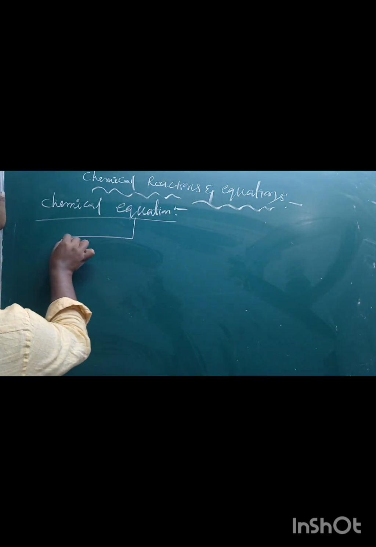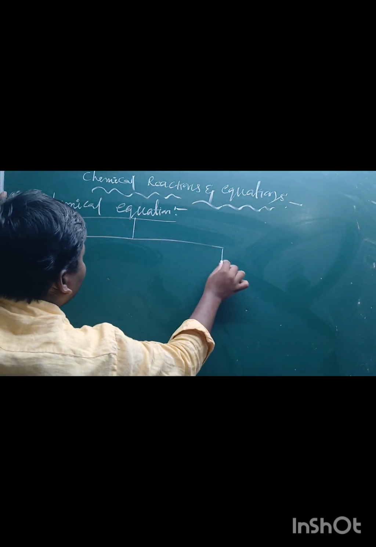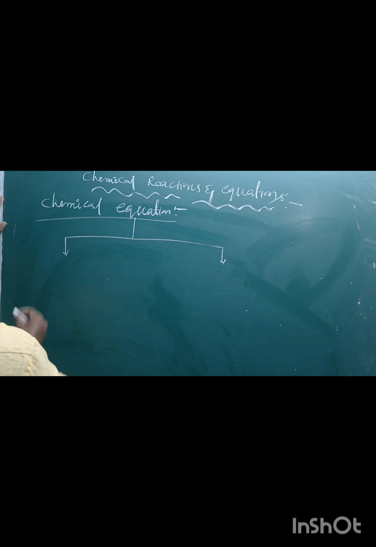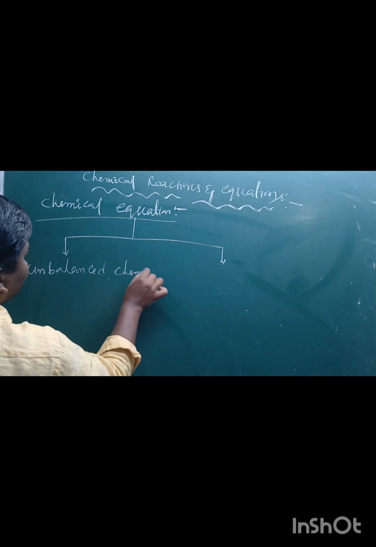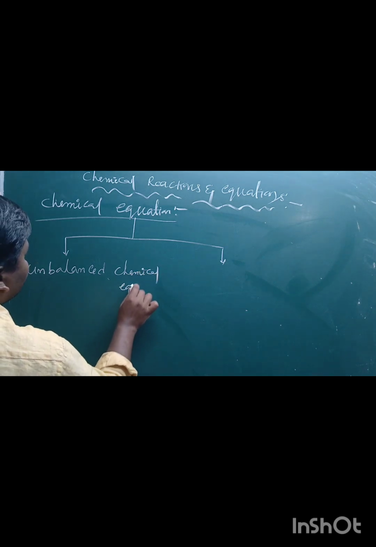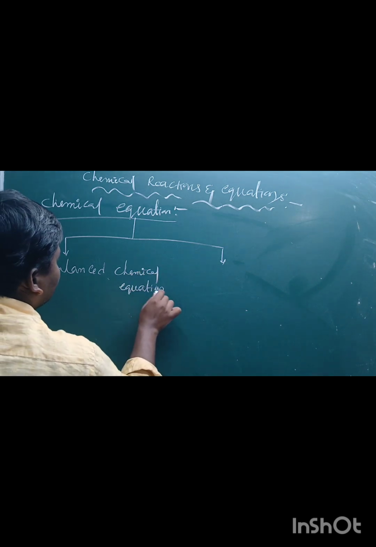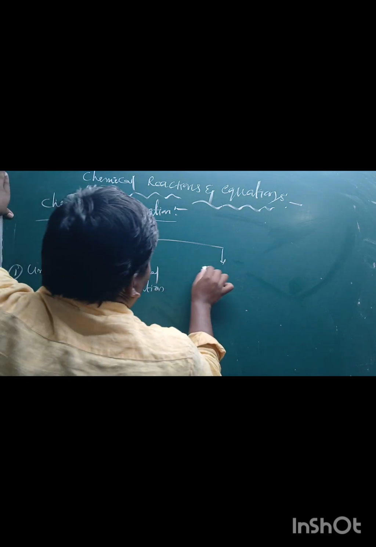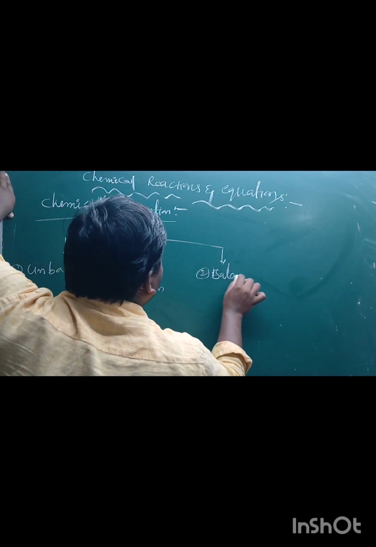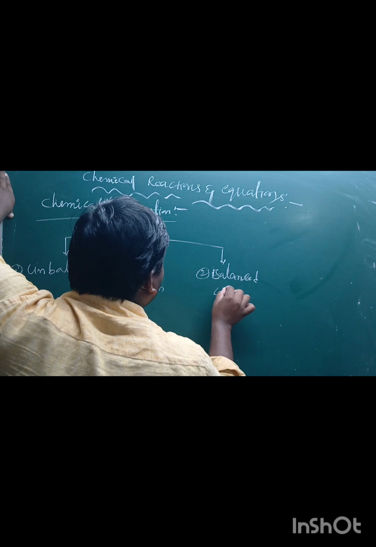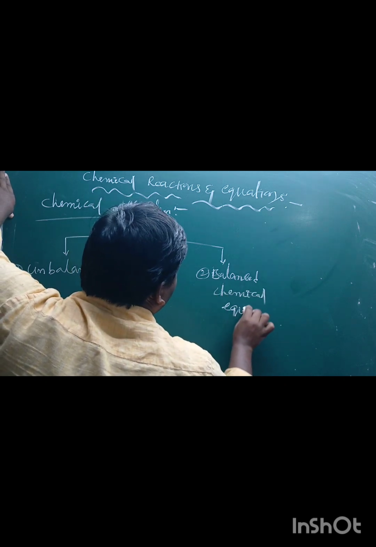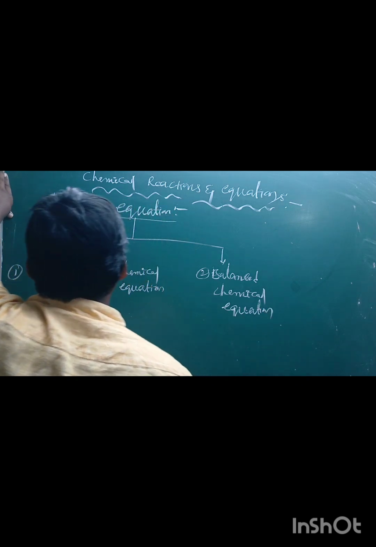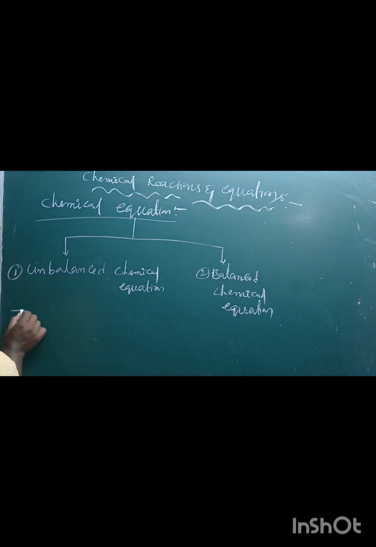These chemical equations are broadly classified into two types: the unbalanced chemical equation and the balanced chemical equation. What is an unbalanced chemical equation?